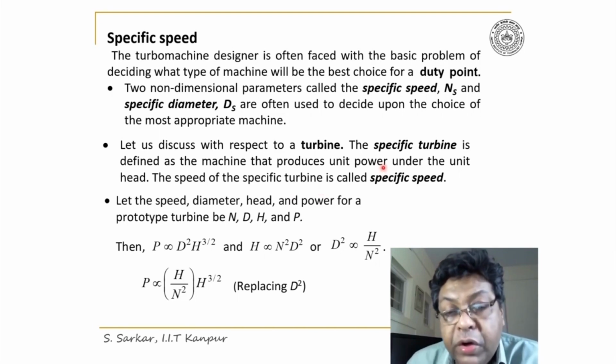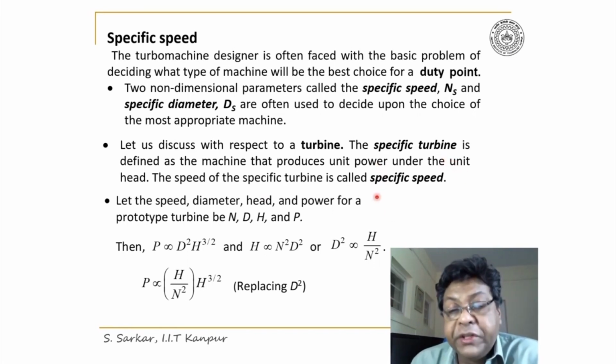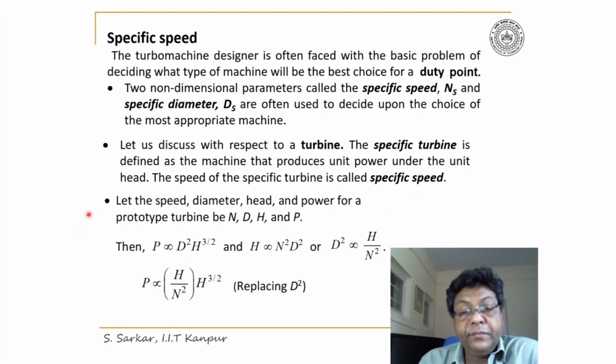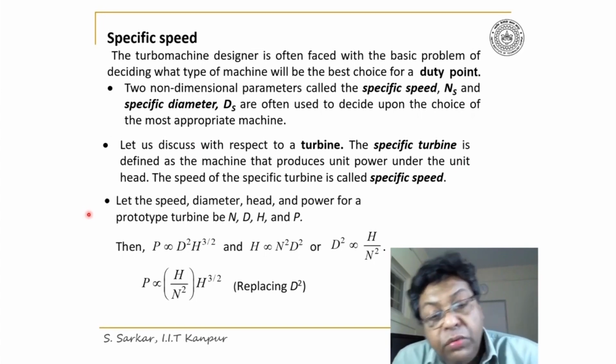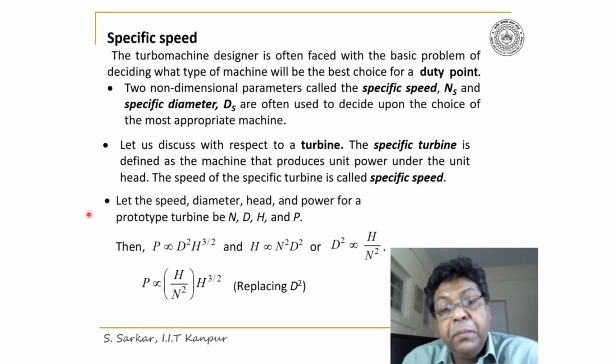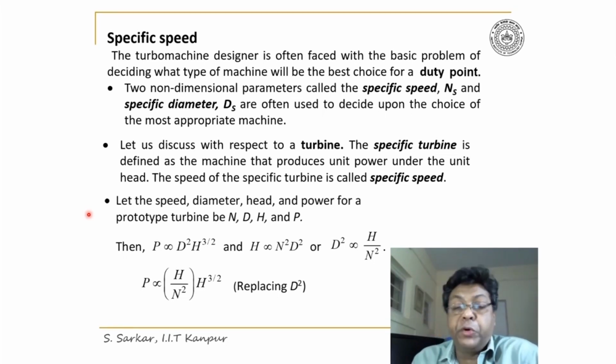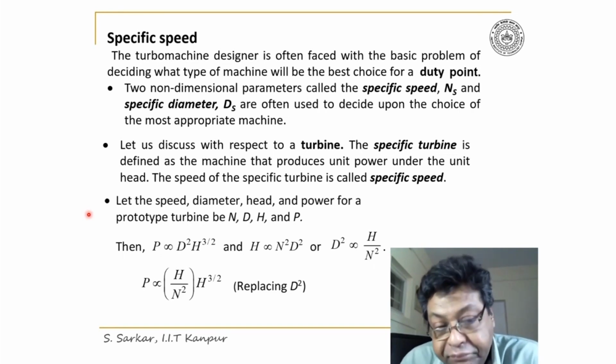So now you know what is called a specific turbine and what is a specific speed. Now let N, D, H and P be the speed, diameter, head and power of a prototype turbine.